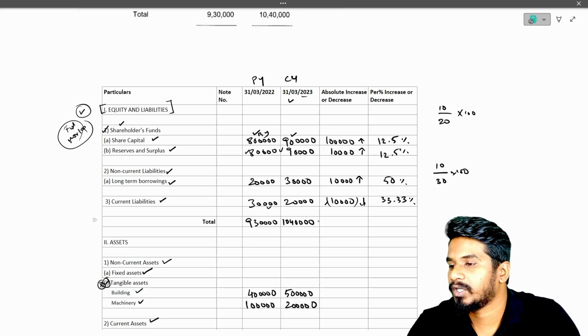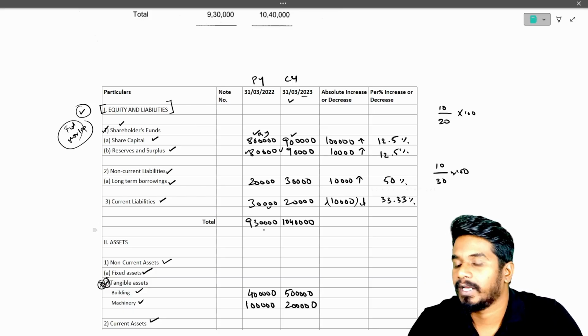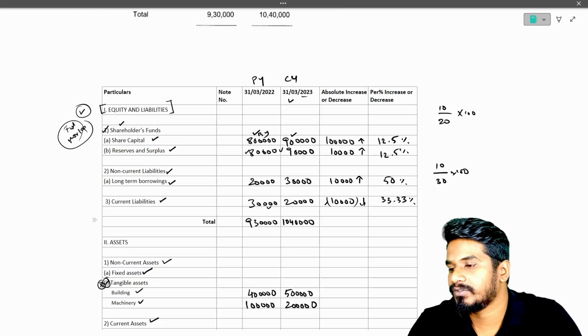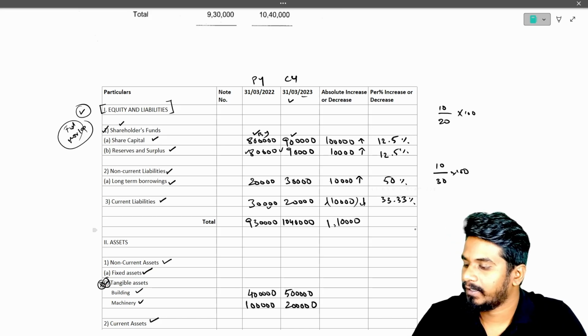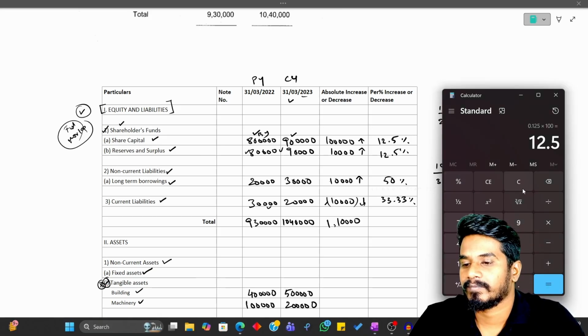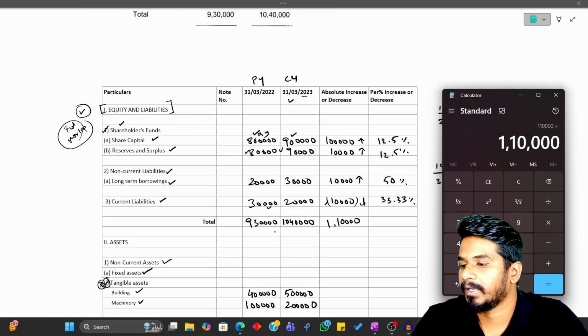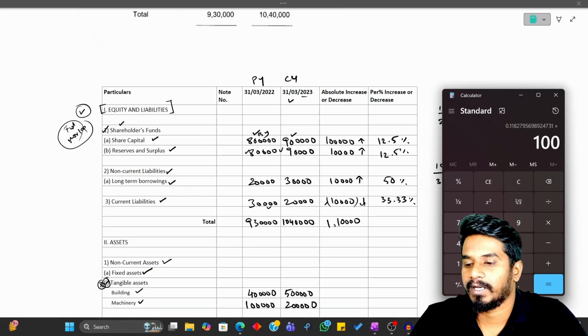And obviously we got total liabilities. It was 9 lakh 30,000 in 22 and 10 lakh 40,000 in 23. What is the change there? I think around 1 lakh 10,000 is the change. So you can calculate the percentage. 1 lakh 10,000 divided by 9 lakh 30,000, that is base year, into 100.